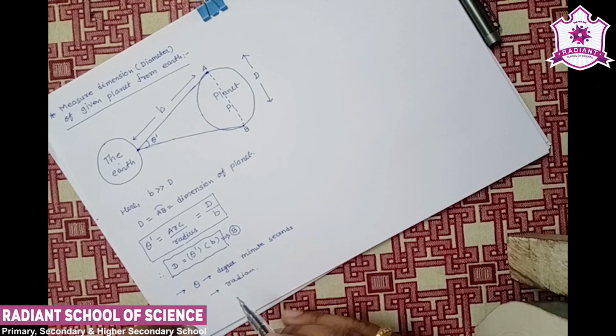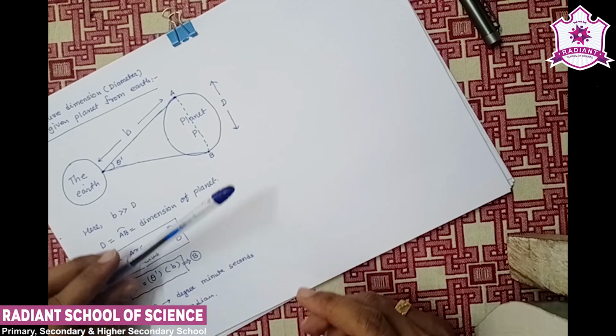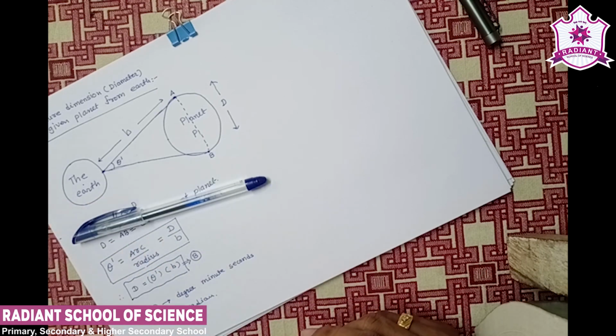This calculation is generally done only when the angle is converted into radian. We also have some relation between degree and radian, but we will discuss that in the next session.